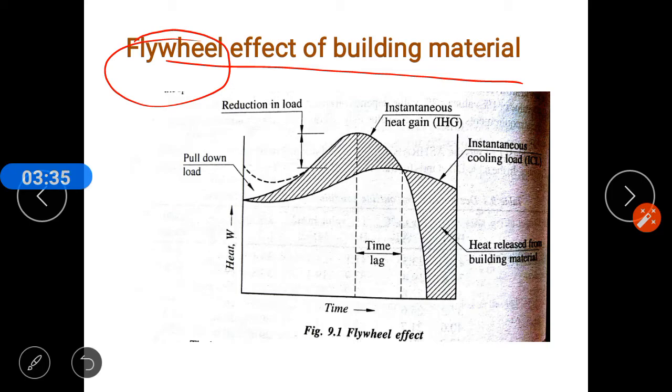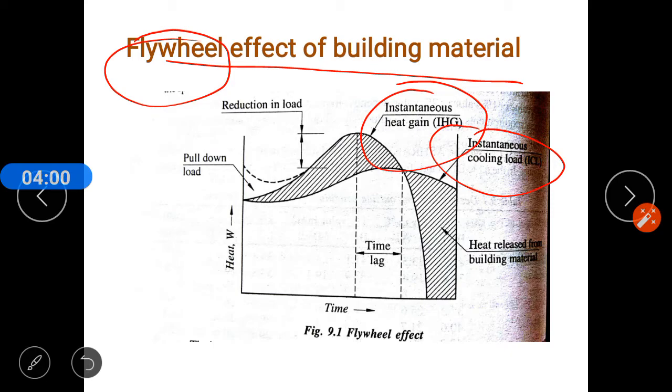Now, as shown in the figure, a typical solar heat gain for a west side wall, the two curves are IHG and ICL. IHG means instantaneous heat gain and ICL means instantaneous cooling load. Both the curves are not identical.